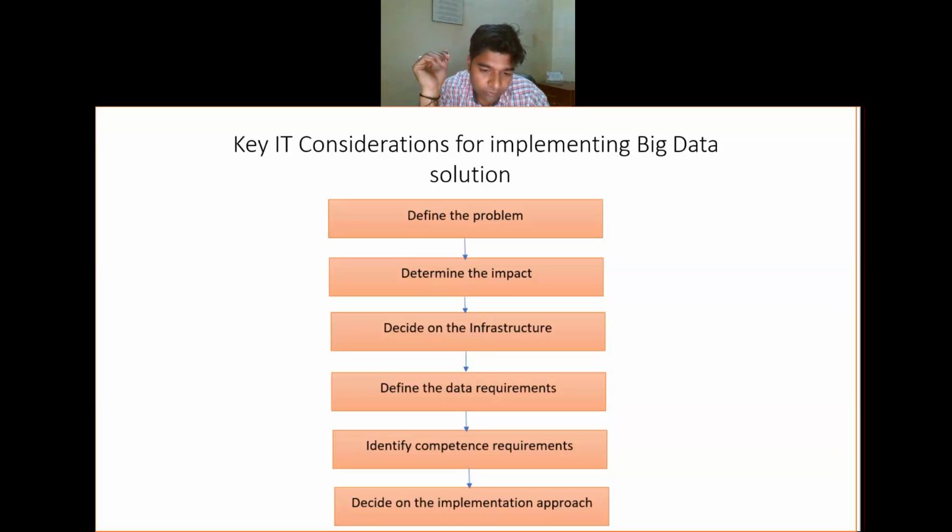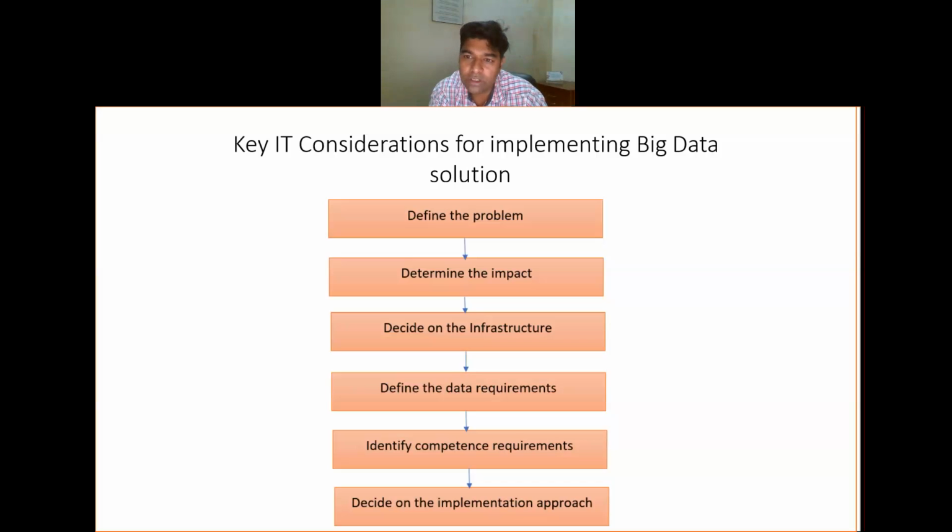Then we have to decide on the implementation approach. That is very important. As IT professionals, we know these are very important steps, because this is the actual practical work done by the IT professional. So we have to decide on the implementation approach, using the different technologies that we discussed in the previous class, in the life cycle of the big data solution from 2005 to 2016.